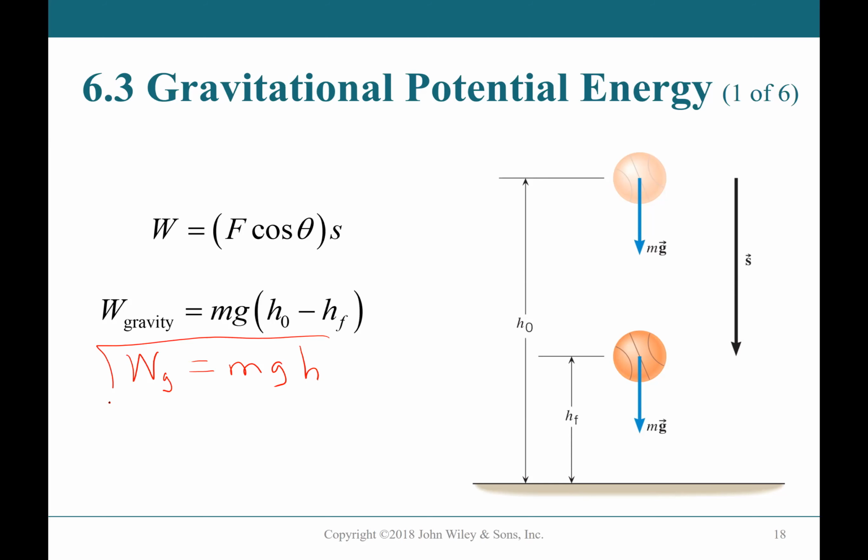And that's a lot easier to remember. Work against gravity is mgh. Now you notice that mg, we've already defined as the weight. So what you're actually doing is just lifting a weight through some height, and that's considered work against gravity.